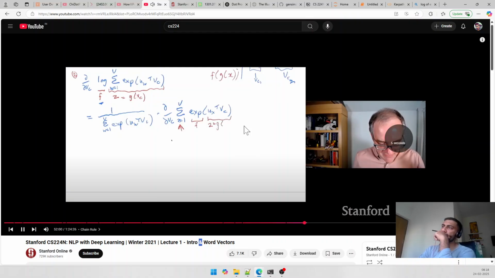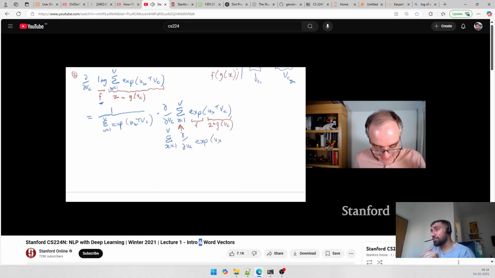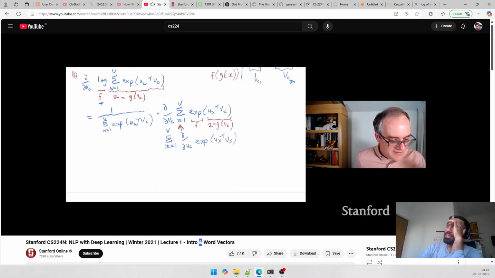Chain rule once more, with respect to VC. And so we then sort of repeat over. We can always move the derivative inside a sum. So we're then taking the derivative of this. And the derivative of exp is itself.